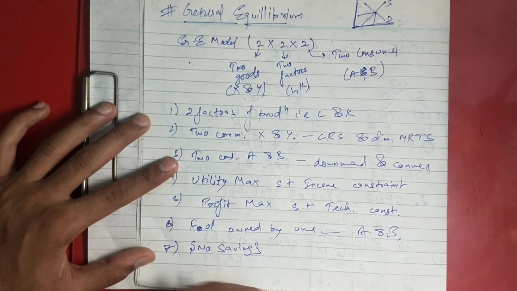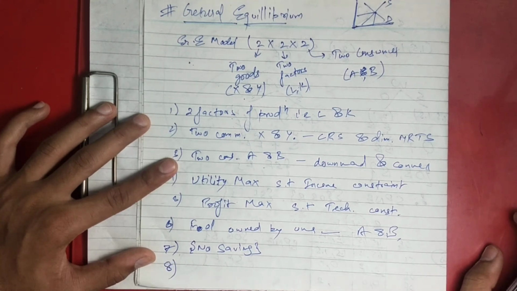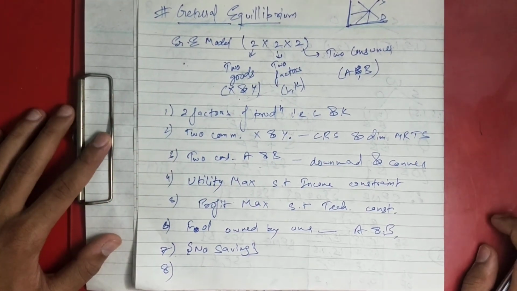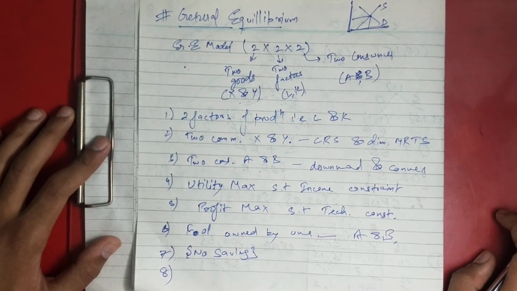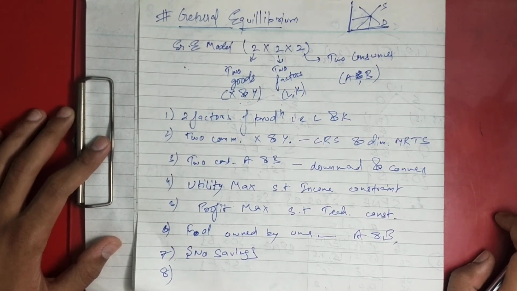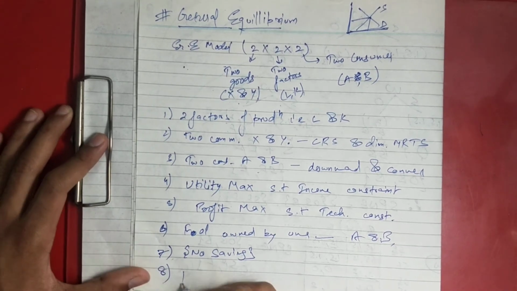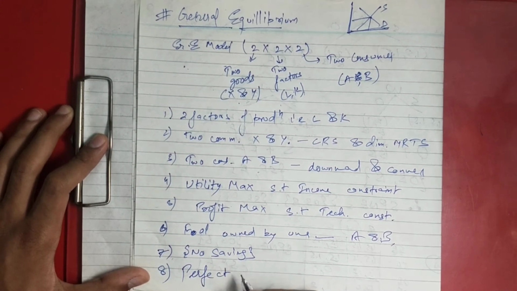Okay, so now there is a last assumption, and the last assumption is that there is perfect competition in factors and goods market. That is, price of X, price of Y, W and R all are given and remain unchanged. So you can write perfect competition.